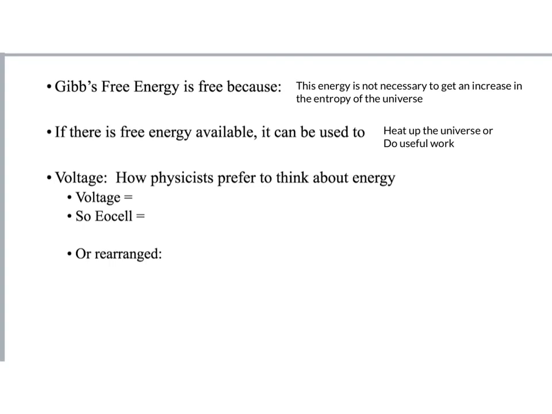Now I'm going to pull in a little bit of physics here. We're talking about batteries, and we've talked about voltage. Physicists, or electrical people, prefer to think about energy as energy carried by charges. So voltage is actually defined as a joule for every 1 coulomb.